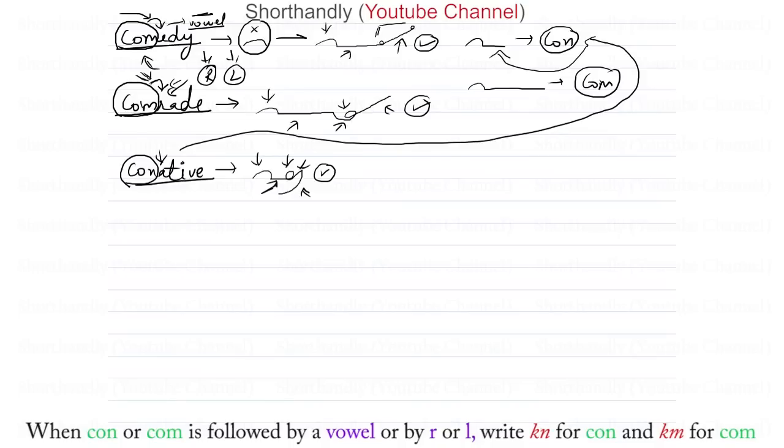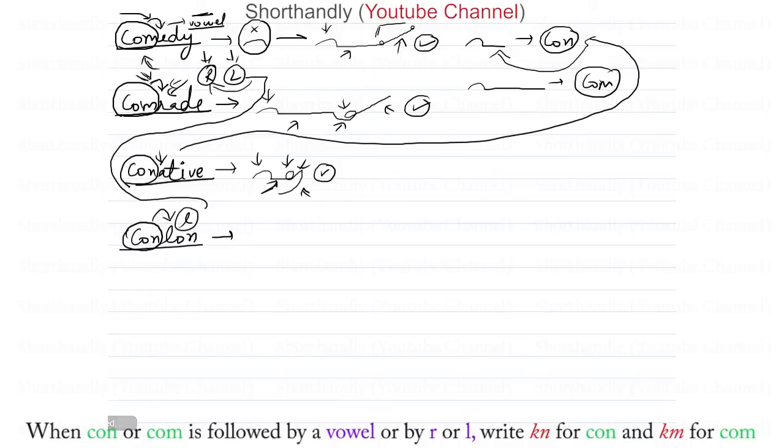Now suppose we have another word called conlan. Again we have this prefix, which is con, and after that we have this L. Now this is a consonant, but because this is L, and in the statement also it says when con or com is followed by either a vowel or by R or L, we follow this method.